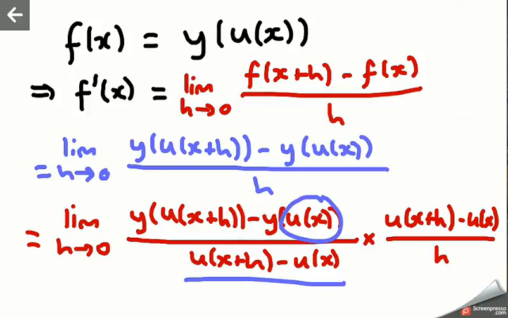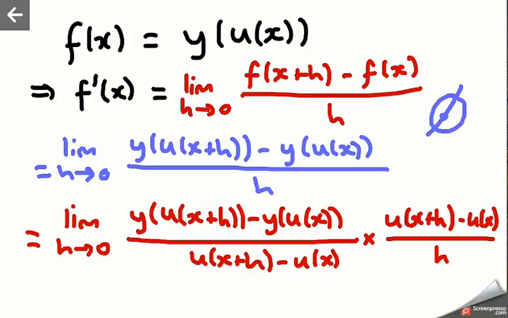Because we're taking the limit as h gets closer and closer to 0, we can't forever keep ignoring points where the bottom part is equal to 0. So there needs to be some interval, where if I can draw a circle around that point u of x, there is nowhere where that difference is equal to 0. We need to have that situation.